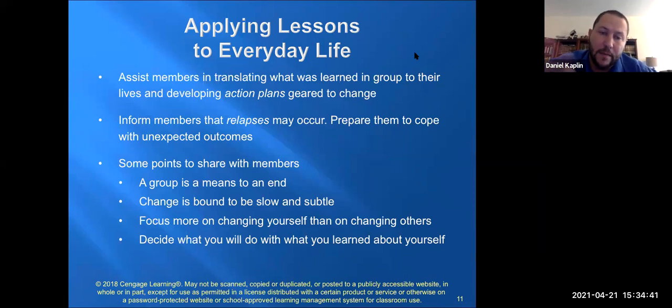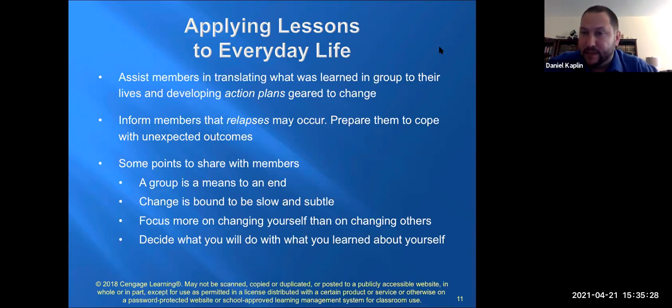Now, group is a means to an end. The real work happens outside of group. The group was supposed to serve a purpose to help you get to a greater level of assertiveness, self-disclosure, or insight, whatever it might be. The group process was meant to serve that purpose, not actually fix you or solve all your problems. You're meant to take the lessons and bring them with you. In some weeks, you might have gained a lesson more than in other weeks, but over the course of group therapy, there should be pearls of wisdom that you've acquired along the way.